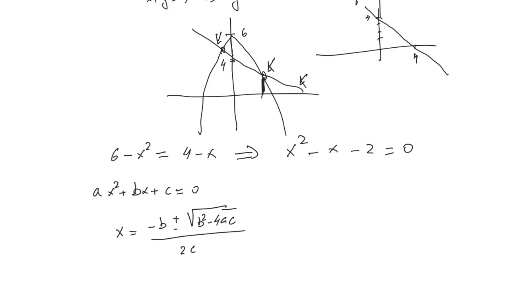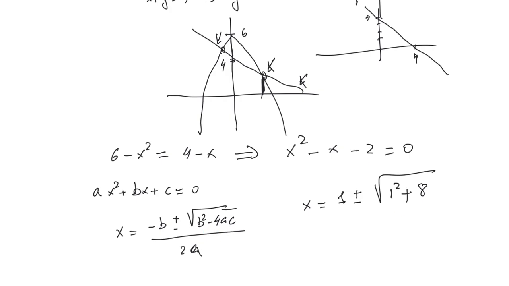If you do it here, you will find x equals minus b. b is minus 1, so minus b is plus 1, plus or minus the square root of b squared, which is 1, minus 4 times a times c. A is 1, and c is minus 2. Minus 4 times 1 times minus 2 is plus 8, so it is 1 plus 8.